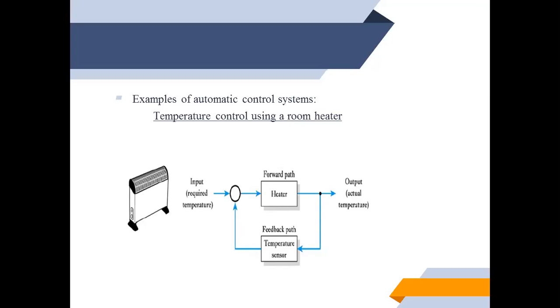Whenever you turn on your heater, the thermostat will get turned on and it will heat up the rods till the desired temperature is attained. In the forward path, we have a heater, and at the output we have the actual temperature of the room, that is 16 degrees Celsius.